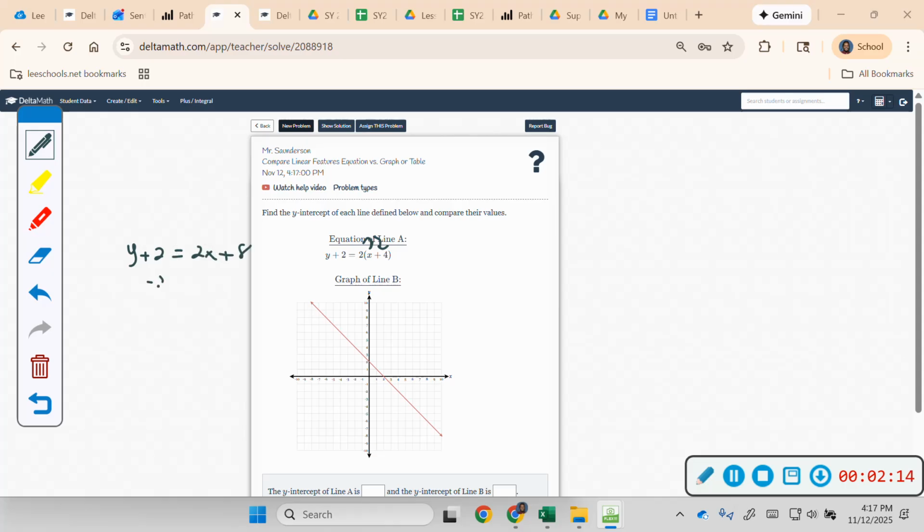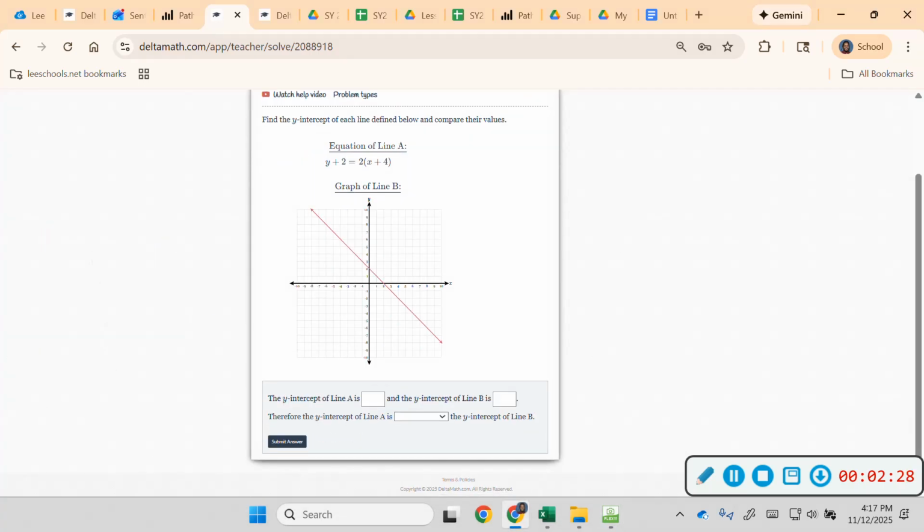Then I subtract 2, so y is equal to 2x plus 6. The y-intercept in this case is 6, and the y-intercept for the next graph is positive 2. Which one's bigger? A is bigger.